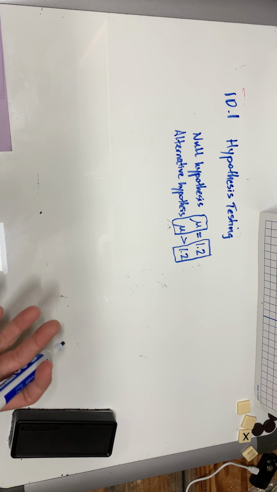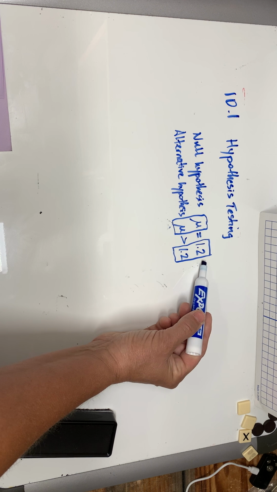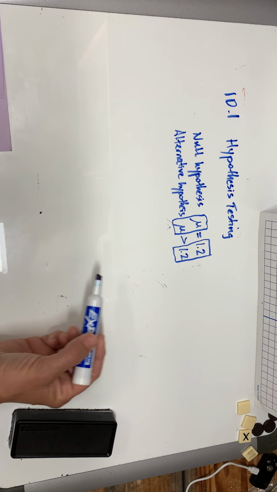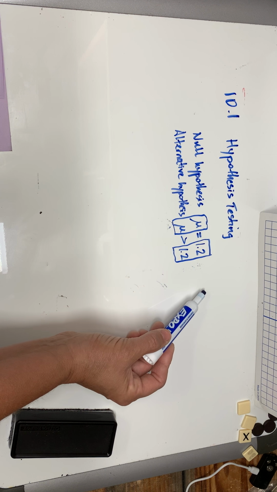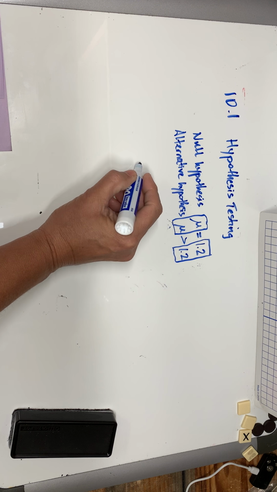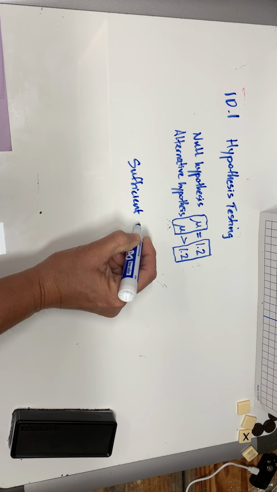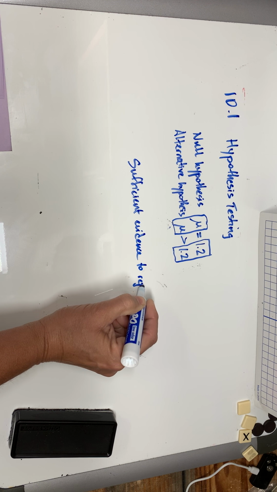So it's weird wording because we would like to say, oh, I'm either going to accept this or I'm going to cancel that and accept this. But we don't use those words. What we say is, I either have sufficient evidence to reject the null, so I have sufficient evidence to reject the null.